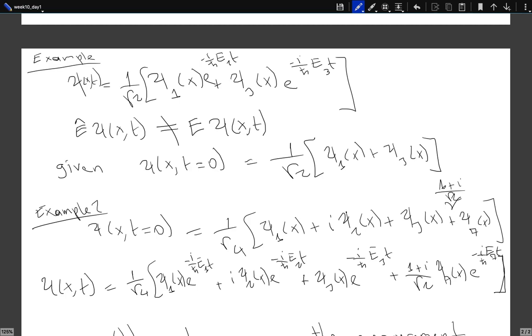If this coefficient is 10 times larger than this coefficient in absolute value, the probability of E1 will be 100 times the probability of E2. That is why I have this 1 over square root of 4 over here: 1 over 4 plus 1 over 4 plus 1 over 4 plus 1 over 4 is 1. Sure, but I have to change this coefficient.